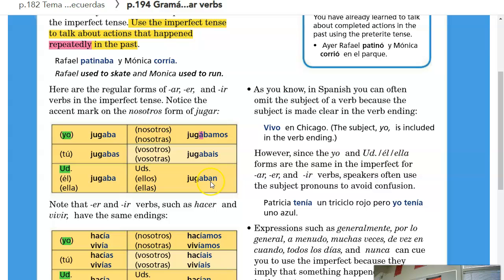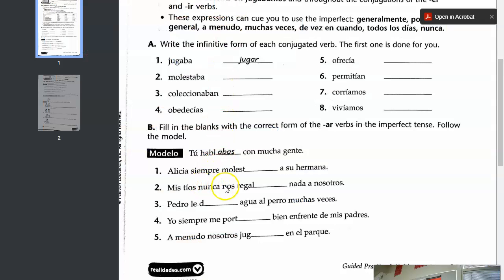So the ending aban is what we're going to use, and we get regalaban. Mis tíos nunca nos regalaban nada a nosotros. My aunts and uncles never used to give us anything.